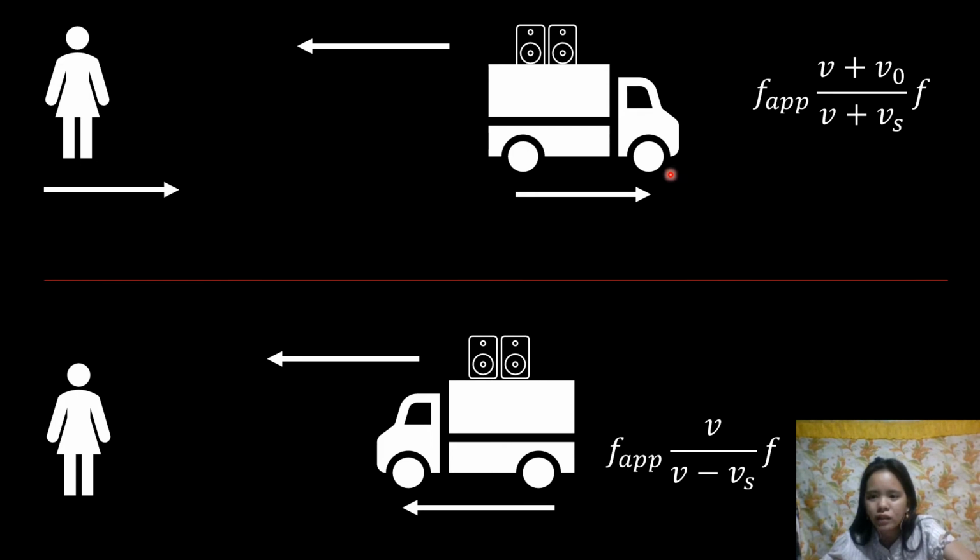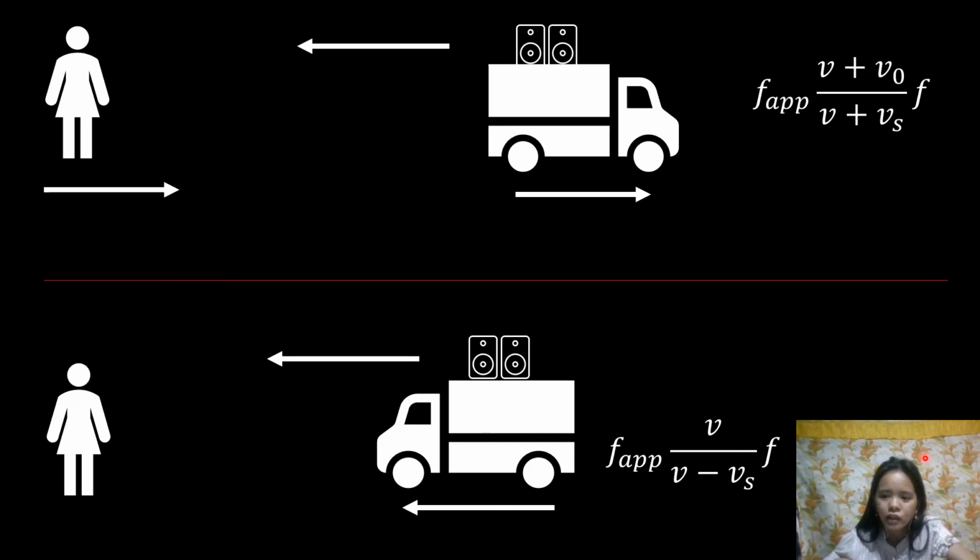Notice that the sound is received by the observer in this direction, and we need to take into consideration the relative velocities between V and V naught because they are both traveling in the same direction. So we will consider them to be added. So it becomes V plus V naught over V plus Vs.